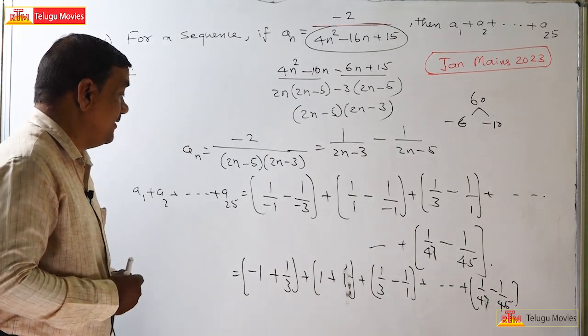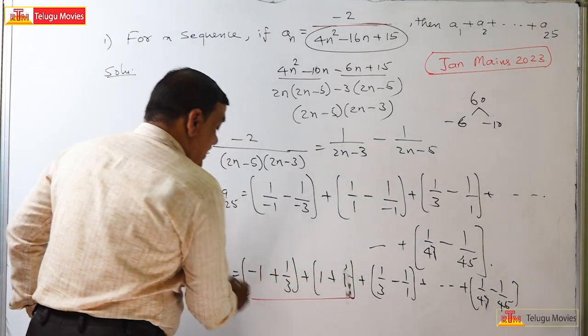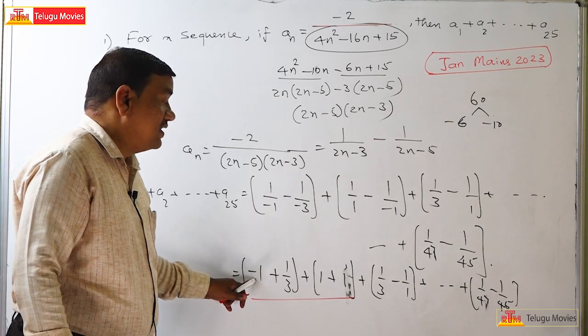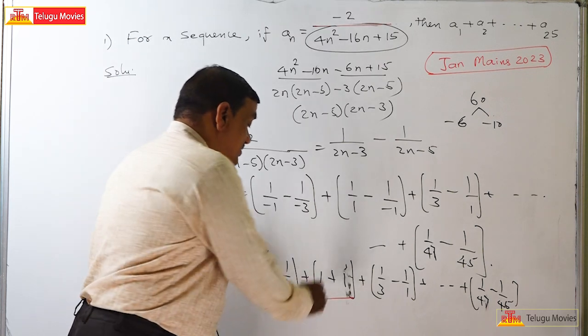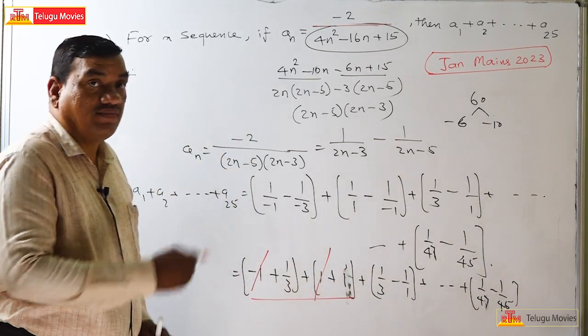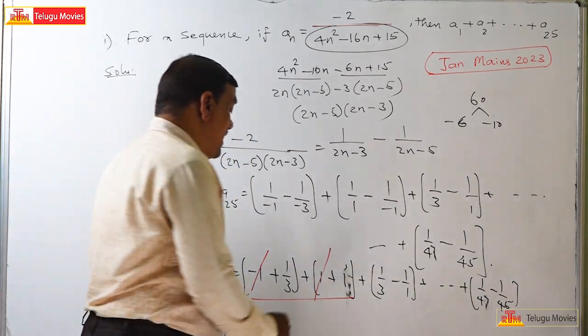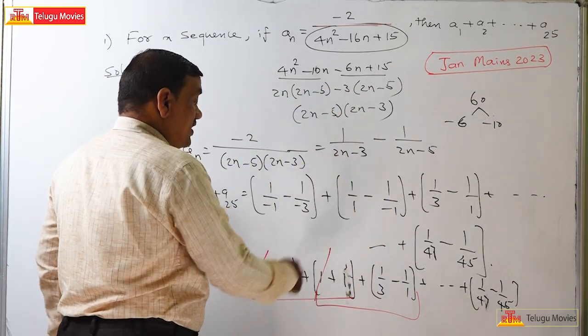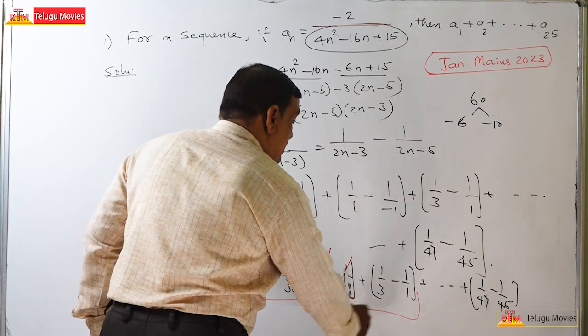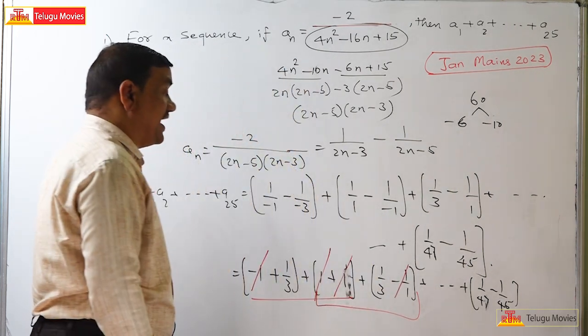If you observe here in these two brackets, the first term -1 is cancelled with the next term. Again, these two terms are cancelled, and again this term and this term will get cancelled.